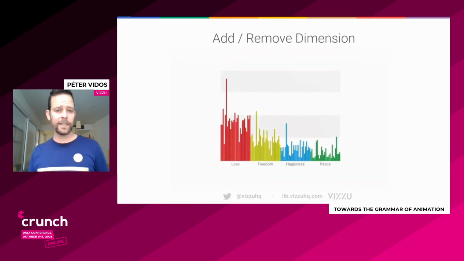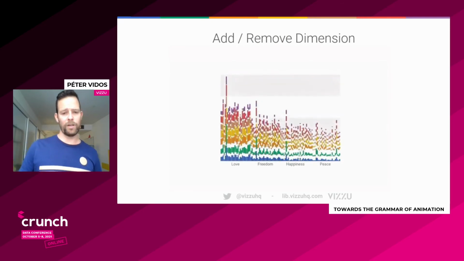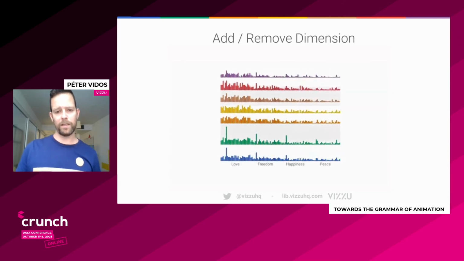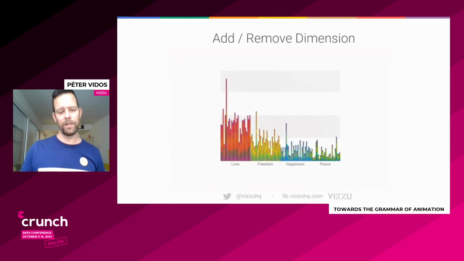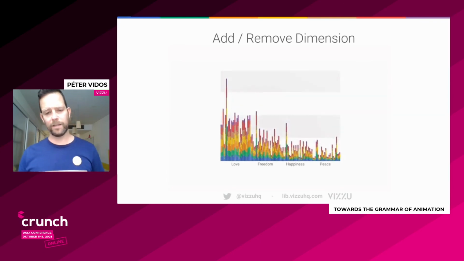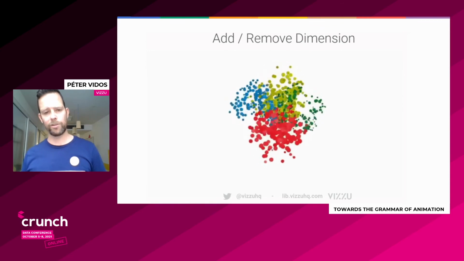So adding and removing dimensions the right way applies to a lot of different chart types. Here we add the new dimension on the y-axis and then split up the markers along the axis, but they have to appear in the same place as their aggregated form. And the same with the bubble plot, sorry, a bubble chart.